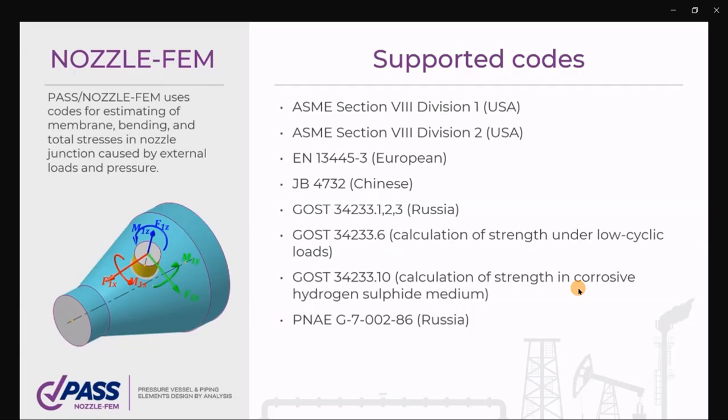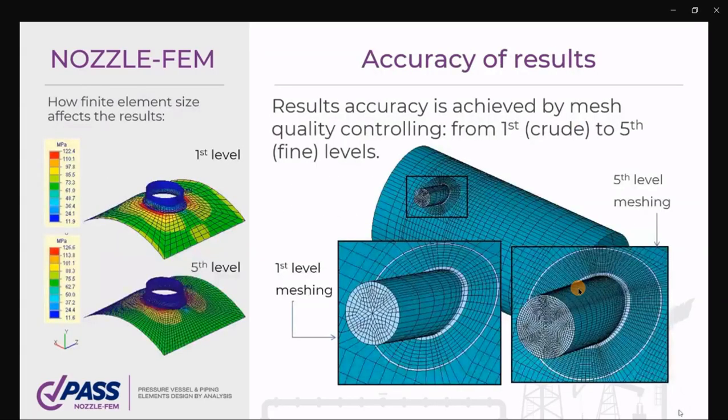For example, ASME division 1 differs from ASME division 2 by values of allowable stresses, or in the method of determining the equivalent stresses. For example, the theory of maximum tangential stresses, so-called Tresca, or the maximum distortion energy criterion, von Mises, the last criterion used in ASME codes.